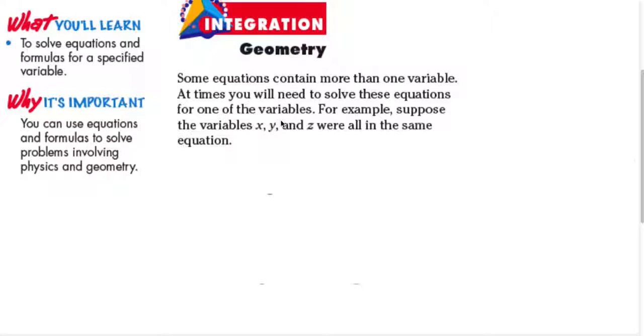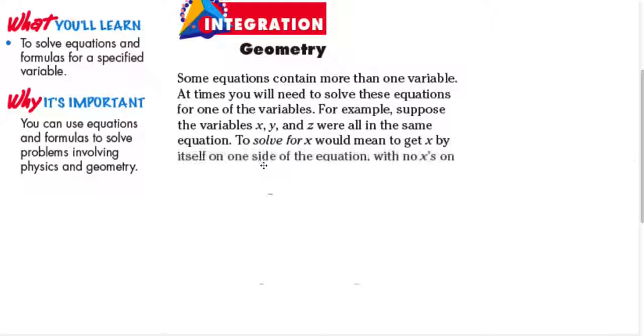For example, suppose the variables x, y, and z were all in the same equation. To be able to solve for x would mean to get x by itself on one side of the equation, with no x's on the other side.